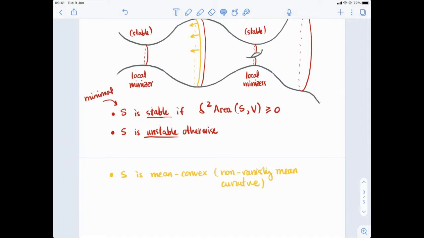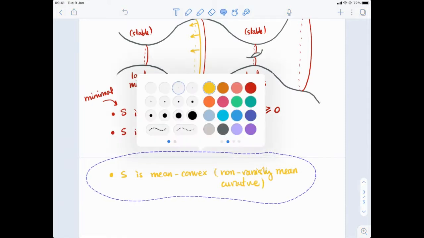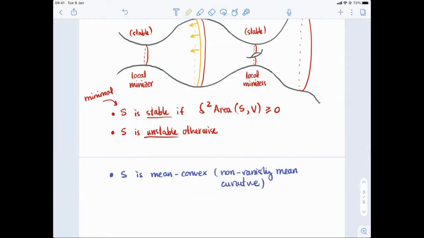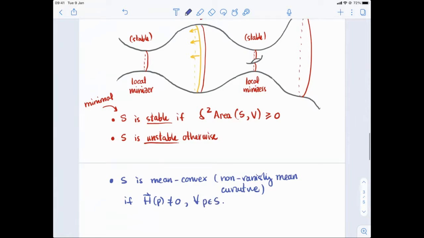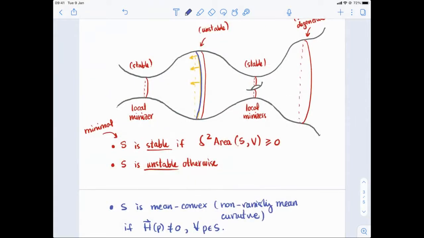I think this is an awful color. Sorry, let me change that. So it has non-vanishing mean curvature if H(p) is never zero, is different than zero for all p in S. Okay, so there is a way of pushing forward an unstable surface to produce something that is mean convex to the outside of the surface, and then what the mean curvature flow will do, at least for small times, is evolve these towards that direction, of course.